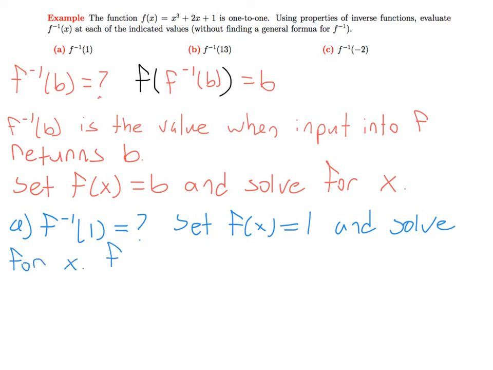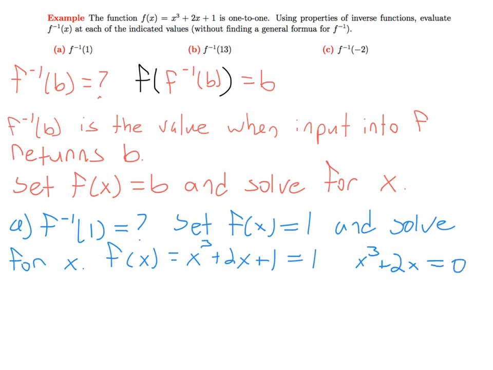So f of x is equal to x cubed plus 2x plus 1. We set that equal to 1 and solve for x. We can subtract 1 from both sides, and that gives us the equation x cubed plus 2x is equal to 0.